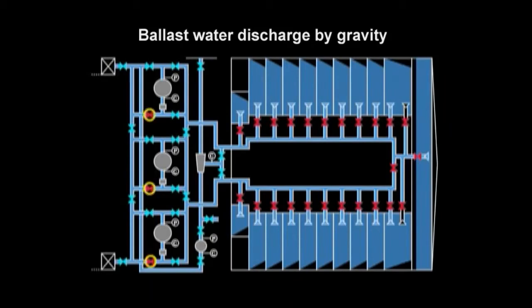Operate valves to put the line up in the proper order, bypassing the ballast pump. Ballast water discharge by gravity begins as the tank's valves are opened.